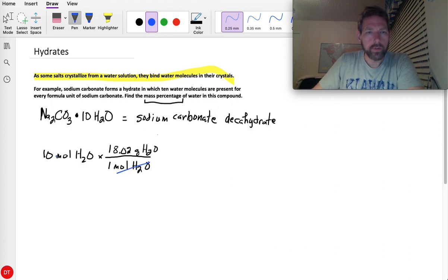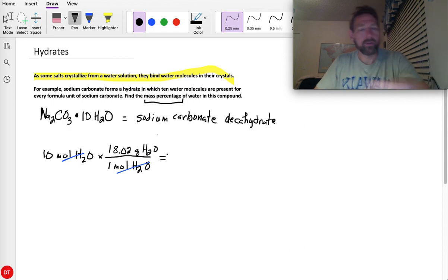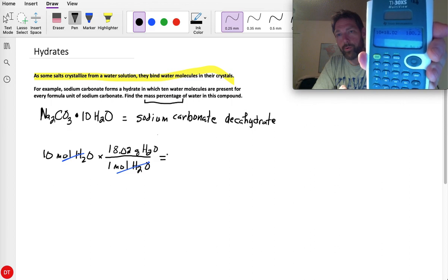Remember, it's always about the unit. Now, I know a whole bunch of you are going to reach for your calculator for this, but 18 times 10 is 180, right? So you should see from this that you would get 180.2. But if you don't believe me, because I know there are those of you who like to do this, 18.02 times 10 is 180.2.